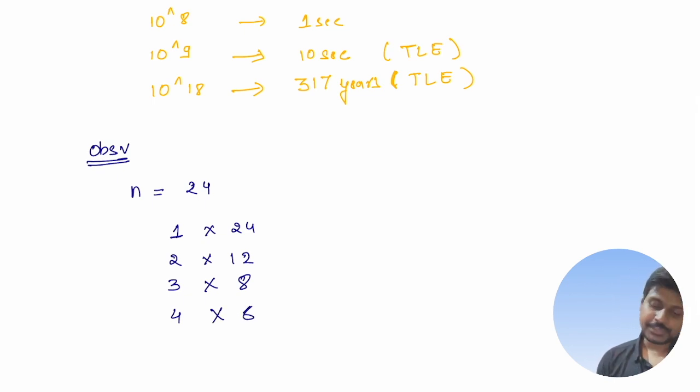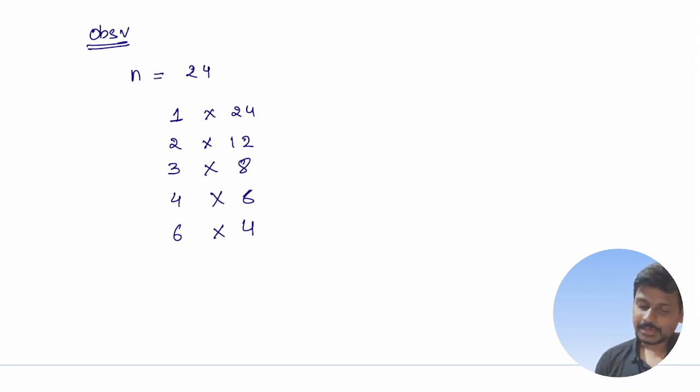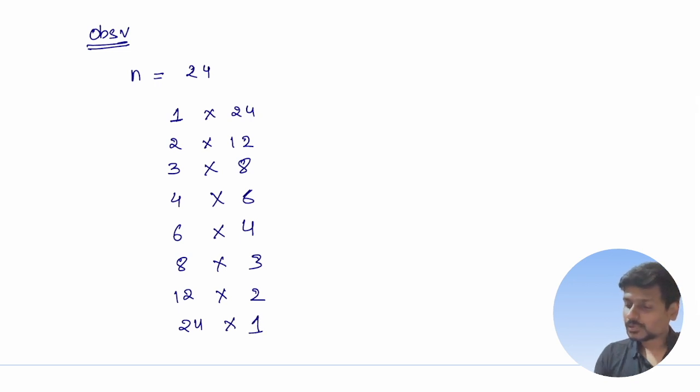Now if we proceed further, what is the next? The next is 6, but if we write it down, we see the repetitions, right? Let me quickly write down the others. Then it will be 8 into 3, then 12 into 2, and then 24 into 1. So if we see, these are actually repeating.